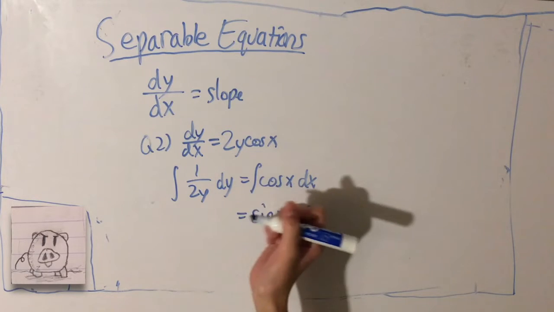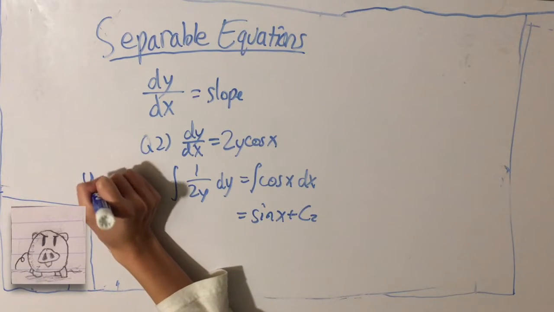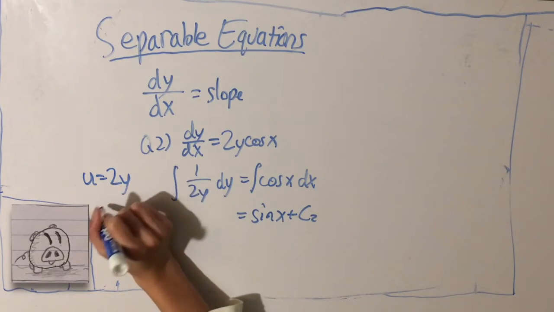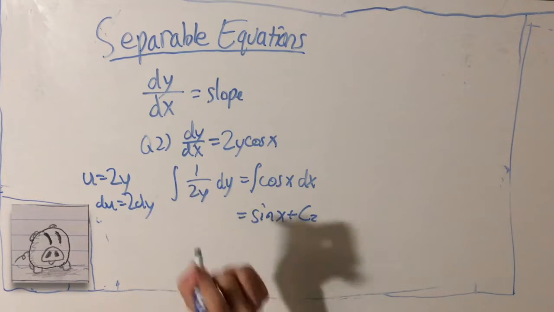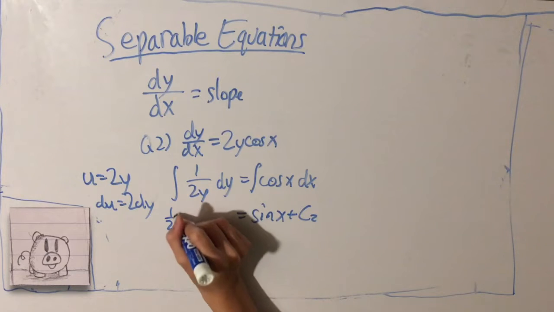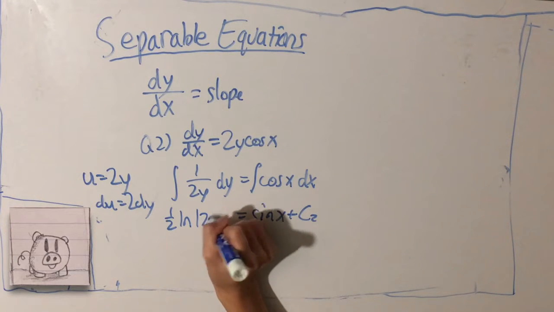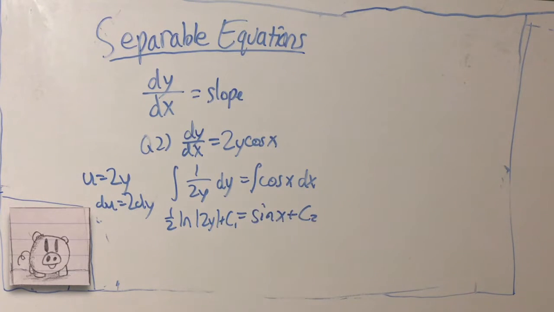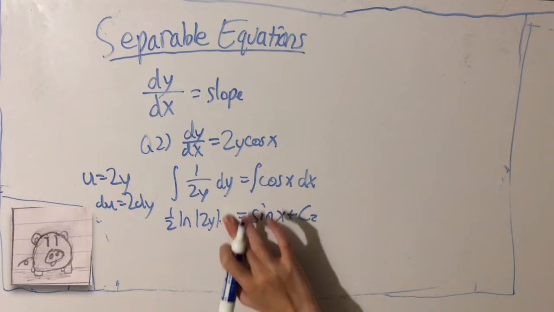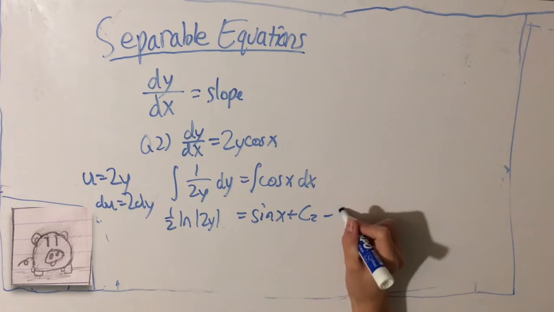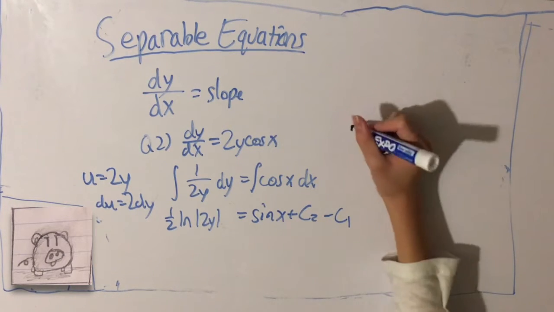On the left, we can solve this by using u substitution. u equals 2y, so du equals 2 dy. This becomes 1/2 ln 2y plus another constant, c1. As with the previous case, we'll move c1 over to the other side and multiply both sides by 2.